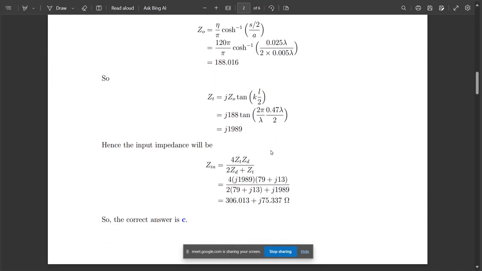Okay, all right. So now that you know ZT, you put all these values here, and you will be able to find out Zin.